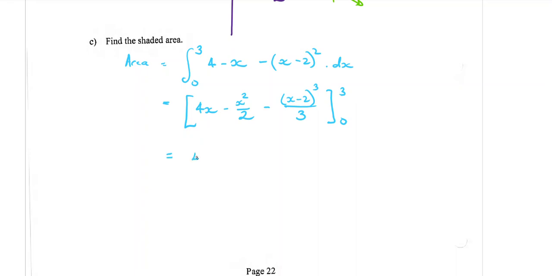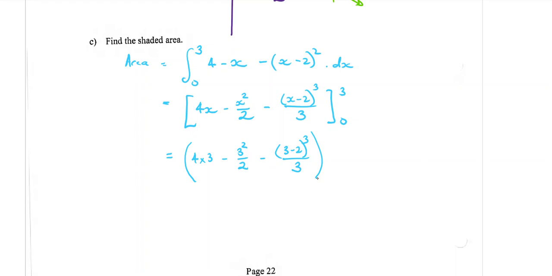So it will be 4 times 3 minus 3 squared over 2 minus (3 minus 2) cubed over 3. If I sub in 0, is everything going to cancel out? The first term in this, so that's subbing in the 3. That's 0, that's 0.